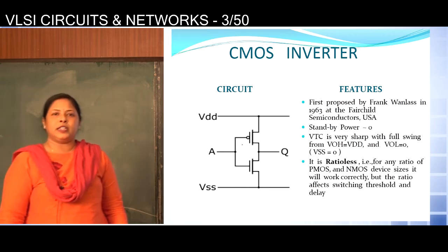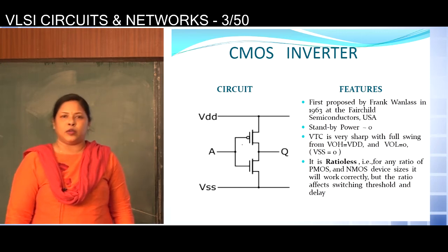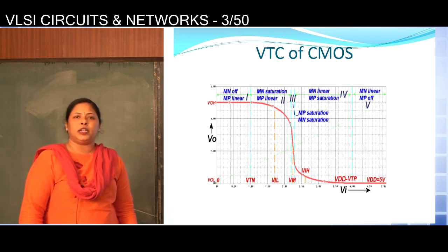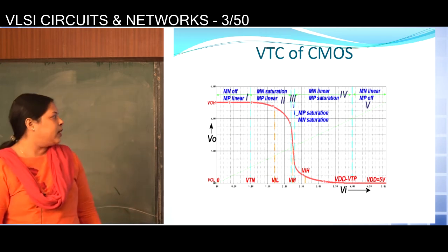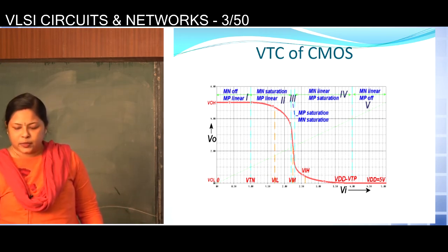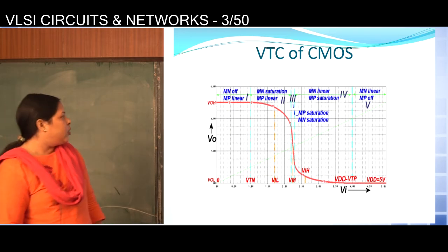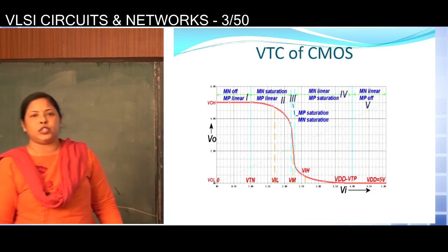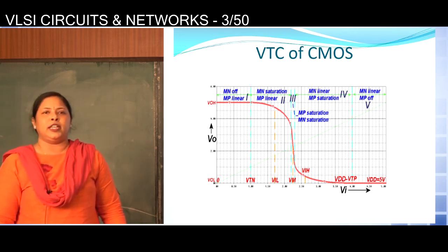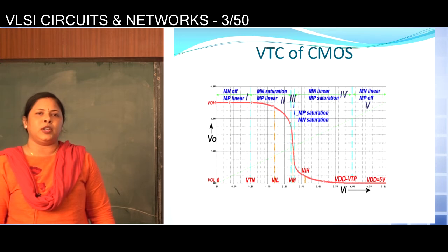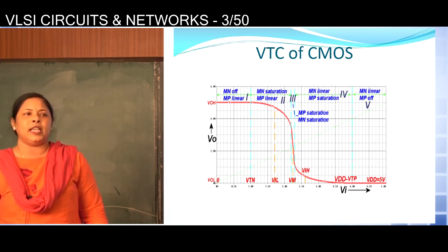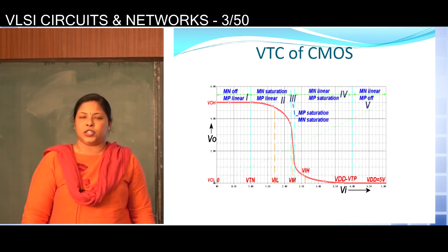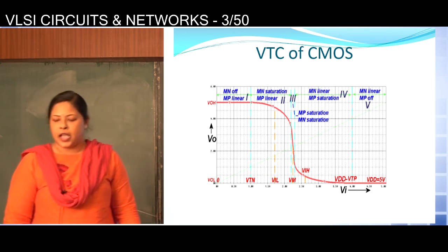If we record that input voltage and corresponding output voltage, and if we plot that curve, we will get the voltage transfer characteristics of CMOS, which is very important, because where the transition is occurring, that is actually the threshold voltage of the CMOS inverter. That means if input voltage is less than the threshold voltage, that will be treated as 0, and if the input voltage is more than the threshold voltage, that will be treated as high.